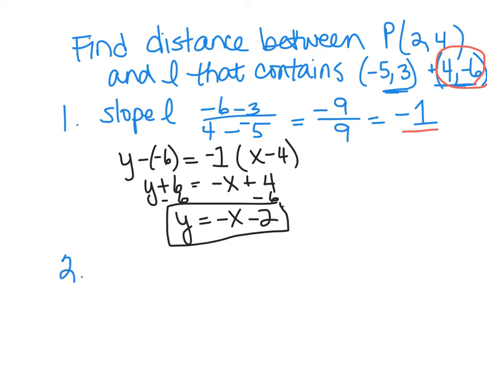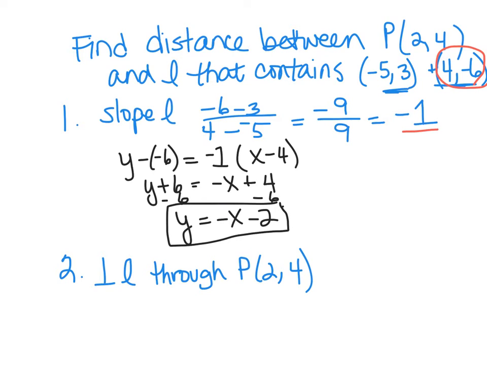So now we need the perpendicular line to L that goes through point P at (2, 4). Okay, so our perpendicular slope is going to be the opposite reciprocal of negative 1. Well, 1 is 1 over 1.